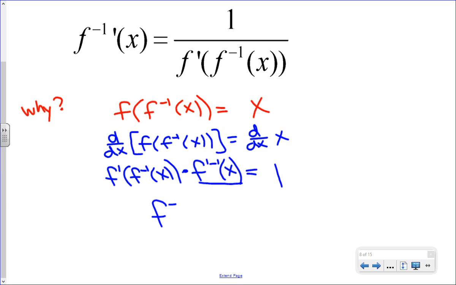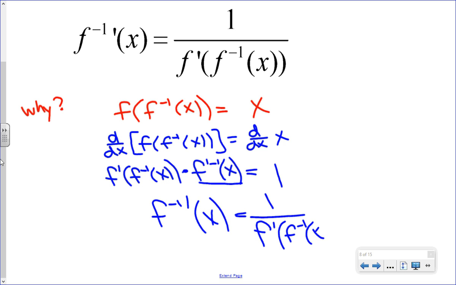So if we want f inverse derivative, then we divide by this factor, over f prime of f inverse. Okay? So that's why the rule is what it is. But all I need you to be able to do is remember it. Okay, so we're going to do some practice. Ready?